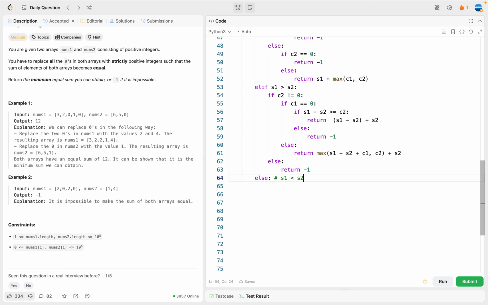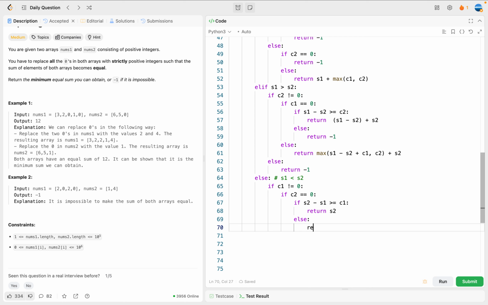Then we can do it by symmetry, right? So here if C1 does not equal 0. Because of symmetry, I'm just directly writing the code. So if C1 equals 0 and C2 is not 0, then if S2 minus S1 is greater than or equal to C1, in this case I'm going to return S2.